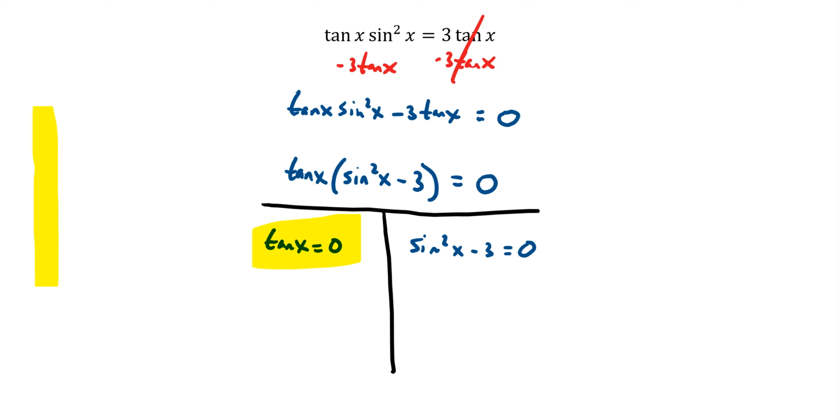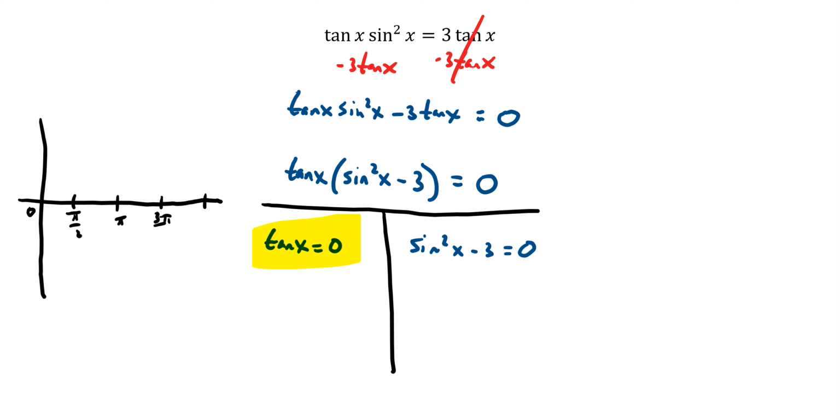Since tangent's already solved for on the left, let's go ahead and graph tangent. I'll actually show this one because we haven't had to graph it yet. We're still using the same values: 0, pi over 2, pi, 3 pi over 2, and 2 pi. Remember three things with tangent. It has vertical asymptotes when cosine equals 0, so that's at all the integer pi over 2's.